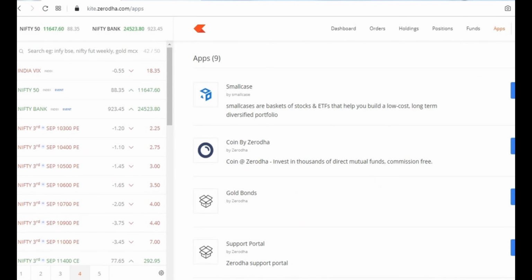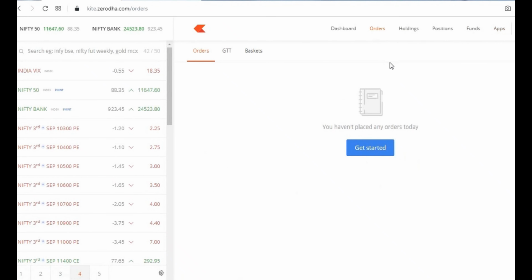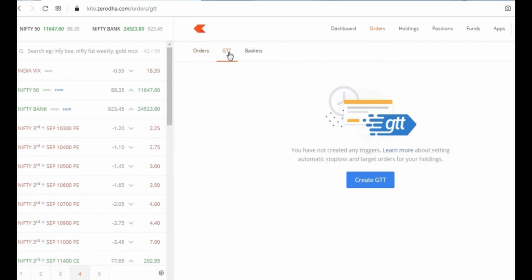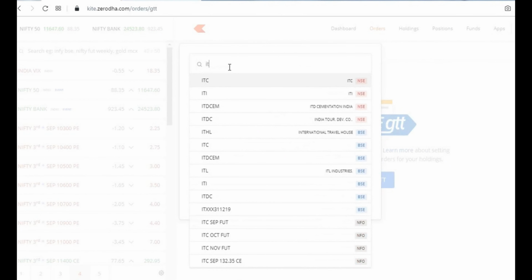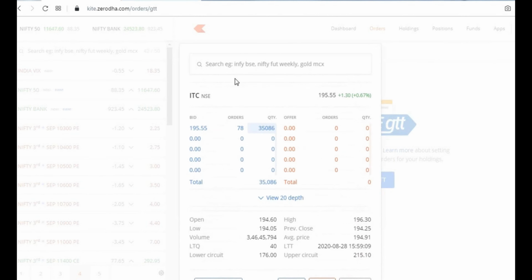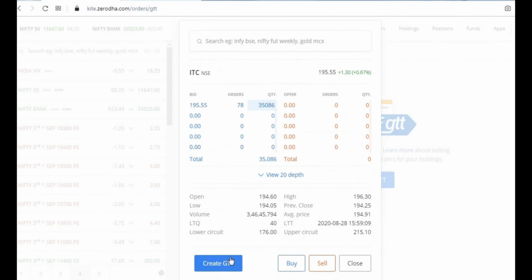Once you have logged into Zerodha web, go to the orders page. On the orders page you will find GTT next to orders. Click on that and you will see create GTT. Then type any stock. I'll go with ITC. Now just scroll down and you will see create GTT.